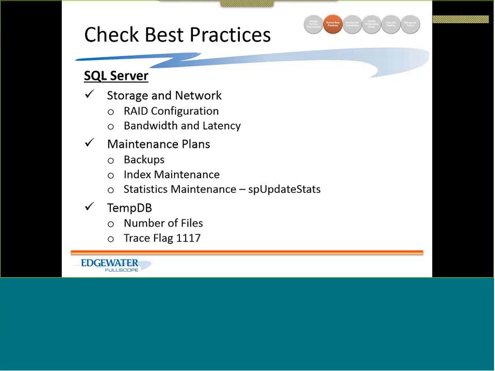So a good index maintenance plan and statistics maintenance is essential for AX. So that's kind of what we do. We come in and do the analysis and start checking through the best practices and make sure everything is tuned right, and then we make sure that we get maintenance plans in place that will maintain those indexes and statistics.